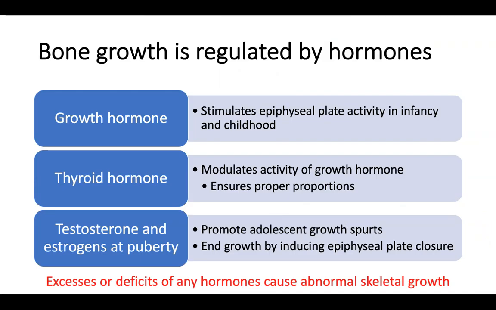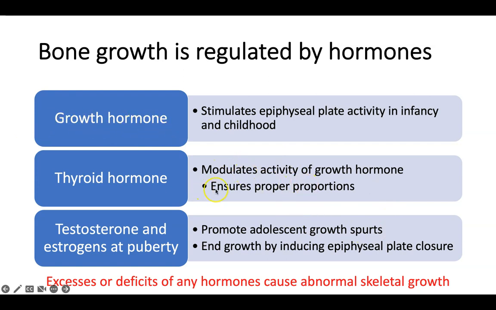We can regulate growth of bones in multiple different ways, but mainly here we can see it's regulated by hormones. This includes growth hormone. That's going to stimulate the epiphyseal plate in infancy and childhood and lead to increased growth. Thyroid hormone is going to be a modulator, so it is going to affect the downstream effects of growth hormone.